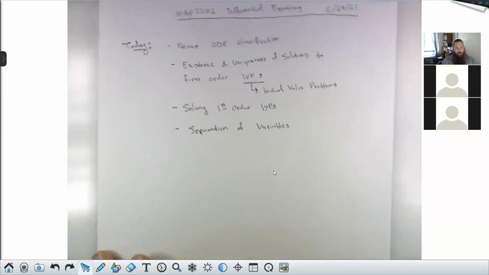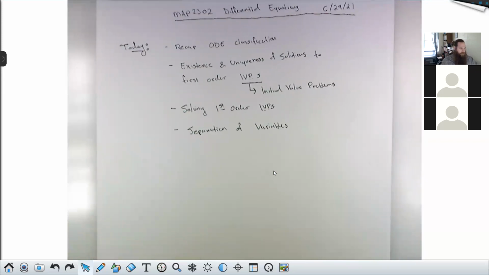Not to say it's all of them, and there are many important differential equations where separation of variables is totally useless. But you'll be shocked, as you progress through your mathematical, physics, or engineering career, just how often a differential equation will show up, and you'll be like, what do I do? And it turns out the answer is separation of variables, even with partial differential equations. That is the case.